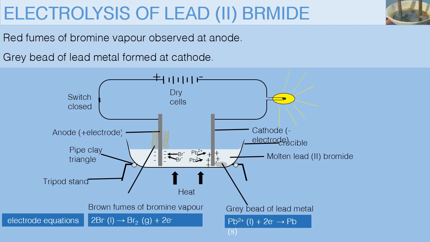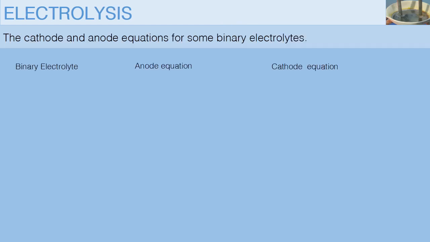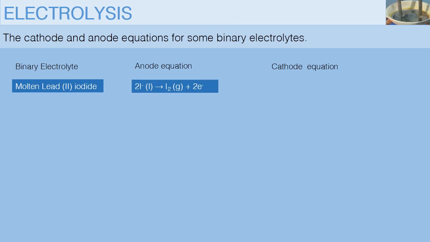Different binary electrolytes may be used in place of lead II bromide. For example, molten lead II iodide will form iodine gas or iodine vapors at the anode, that is represented by this equation. These vapors are identified as purple vapors, while at the cathode will form a gray bead of lead metal.